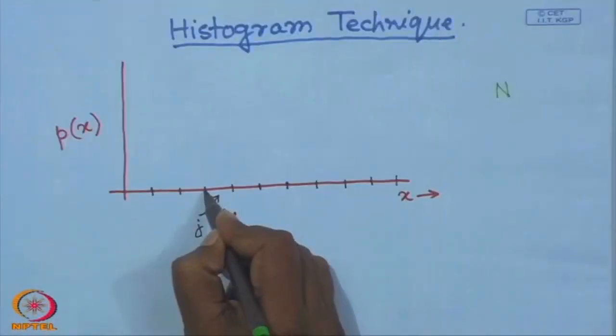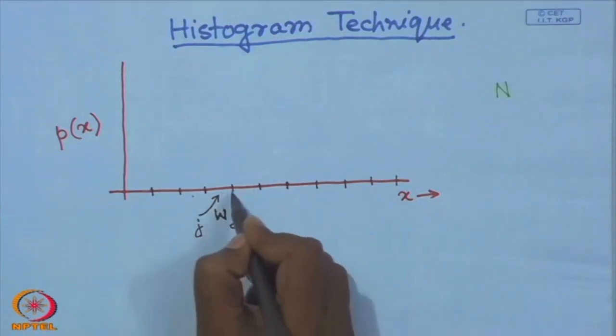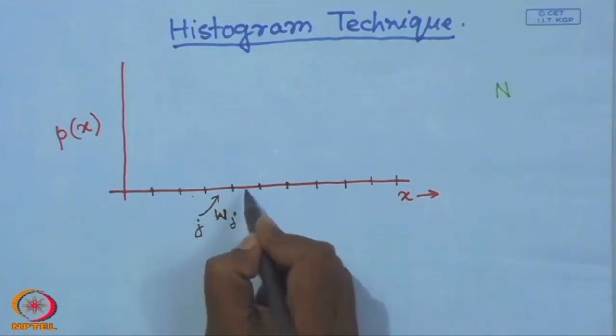While doing so, it may happen that some samples fall on the boundary, either between the j minus first interval and the jth interval, or between the jth interval and the j plus first interval.